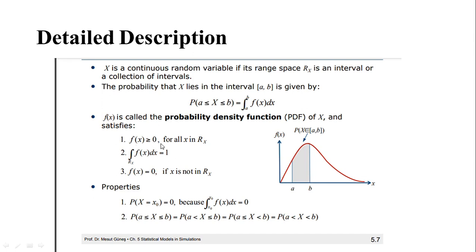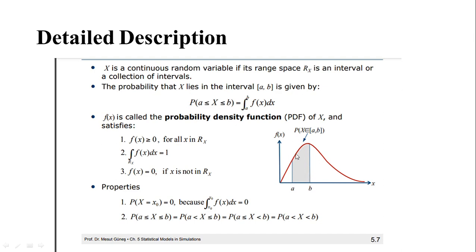f of x should be greater or equal to 0 for all x in the region Rx. So this is the region here from A to B. This is the region Rx. Then the integral of f of x is equal to 1. This means that the area under the curve from region A to B is equal to 1.